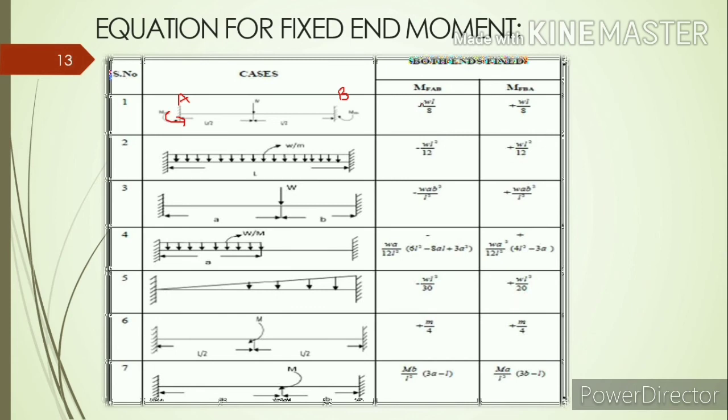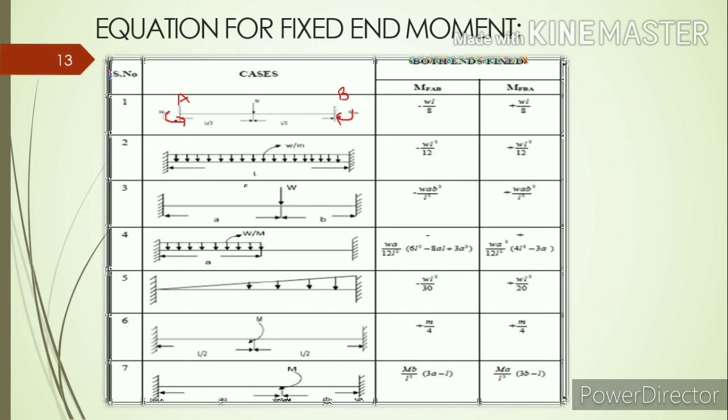So M of AB is minus WL by 8. Note that it is anti-clockwise, hence negative. Similarly, M of BA is in the clockwise direction, so only the sign changes, from minus WL by 8 to plus WL by 8. M of BA is plus WL by 8 since the load is symmetrical.